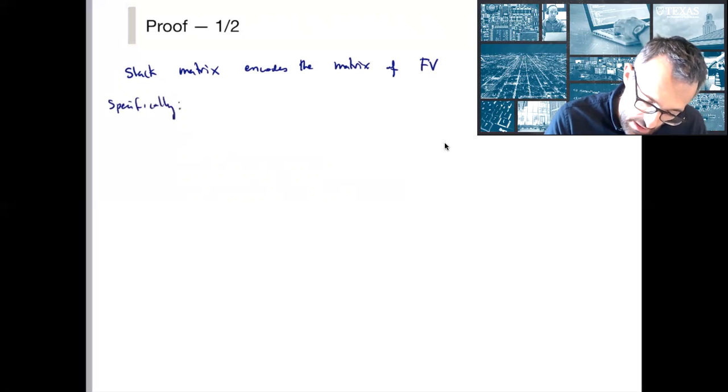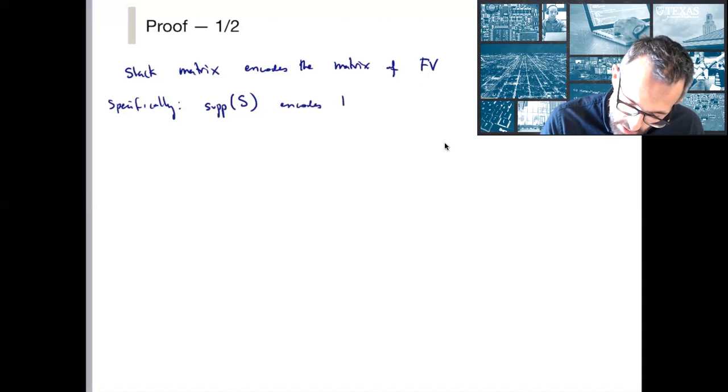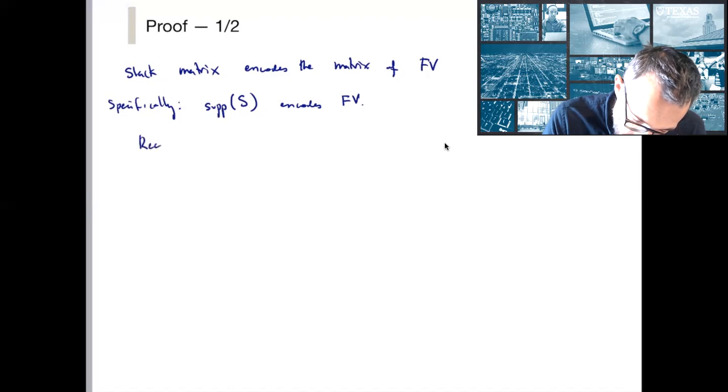Specifically, the support of the slack matrix S encodes the entire function FV, because remember that, let's write this down.